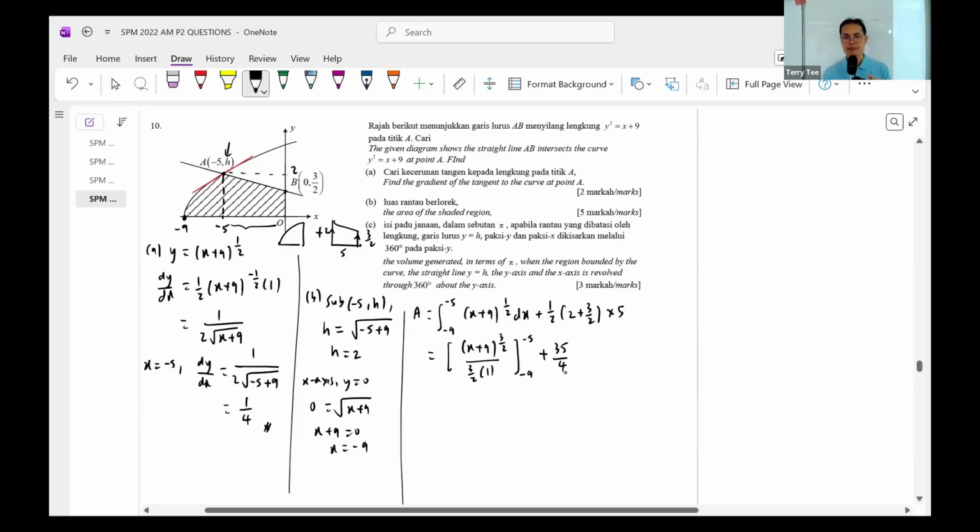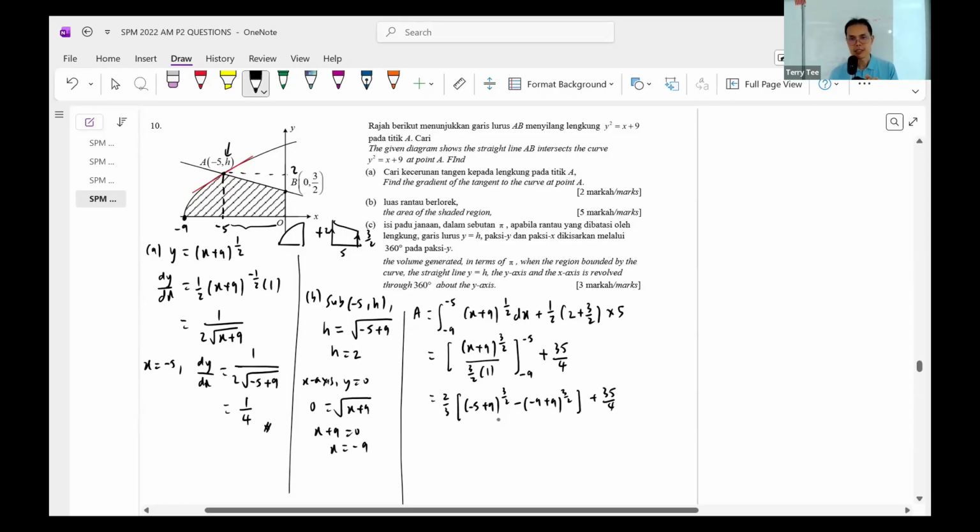You can use your calculator, and in case I make a mistake, please double check. Flip the fraction upside down, 2 over 3, and substitute negative 5 inside. Please show your substitution: (negative 5 plus 9) power 3 over 2, minus (negative 9 plus 9) power 3 over 2, plus 35 over 4.